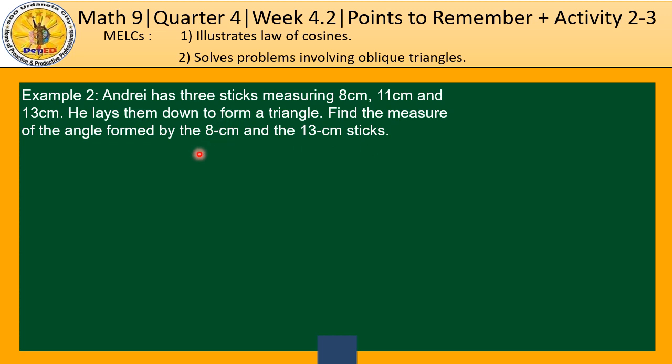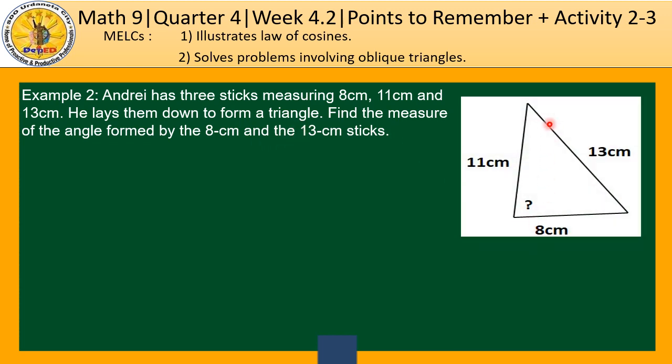First is to illustrate the problem. Let us draw. So this is the 8 centimeter stick, this is the 11 centimeter stick, and this is the 13 centimeter stick. We are going to look for the angle formed by these 2 sticks.